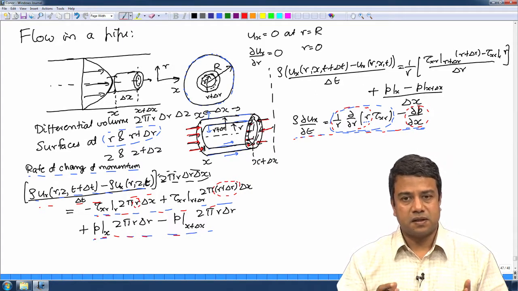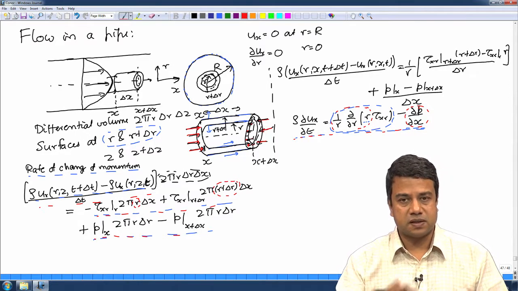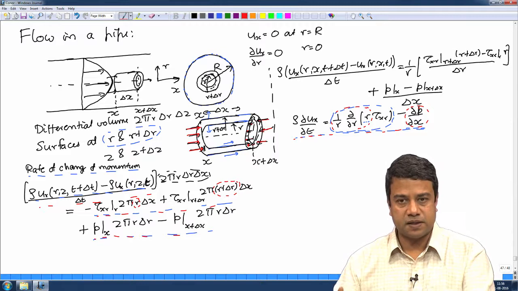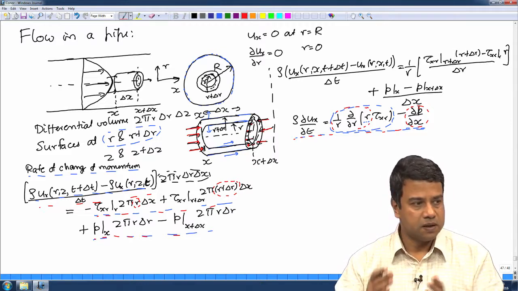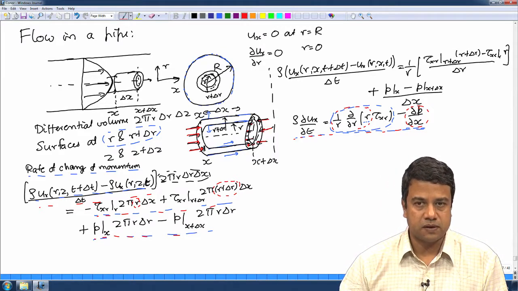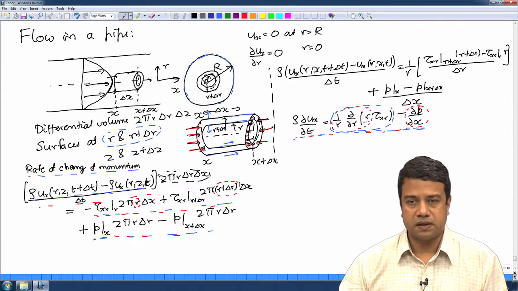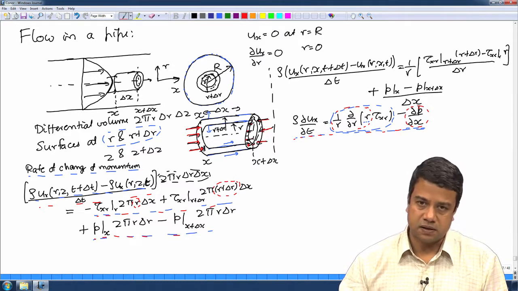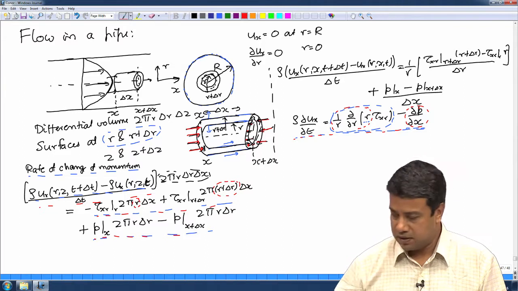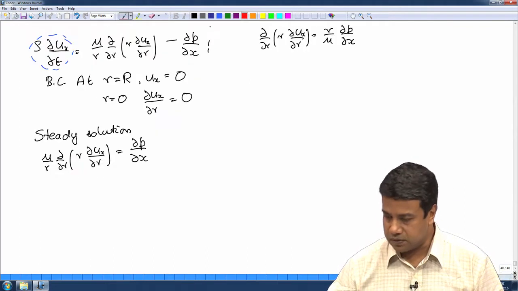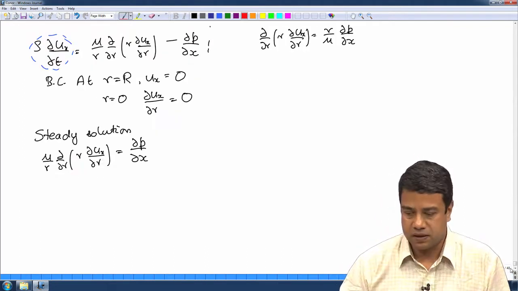That is because there is nothing to balance that pressure gradient. There is no viscous stress or inertial stress to balance it, because the velocity is identically 0 perpendicular to the flow. For that reason, the pressure has to be a constant across the cross section. Therefore, the pressure gradient is also independent of the radial coordinate.